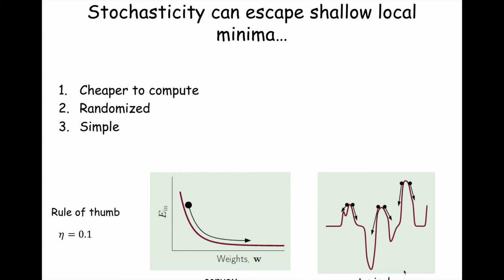If you're taking regular gradient descent, you're more likely to get stuck in a local minimum because the gradient gets smaller and smaller, so your updates get smaller and smaller. If you're randomizing, it's very likely that you're going to jump out of that local minimum. And in expectation, it's going to give you the same as batch mode gradient with respect to in-sample error, but you also get this nice quality of the ability to jump out of these local minima.